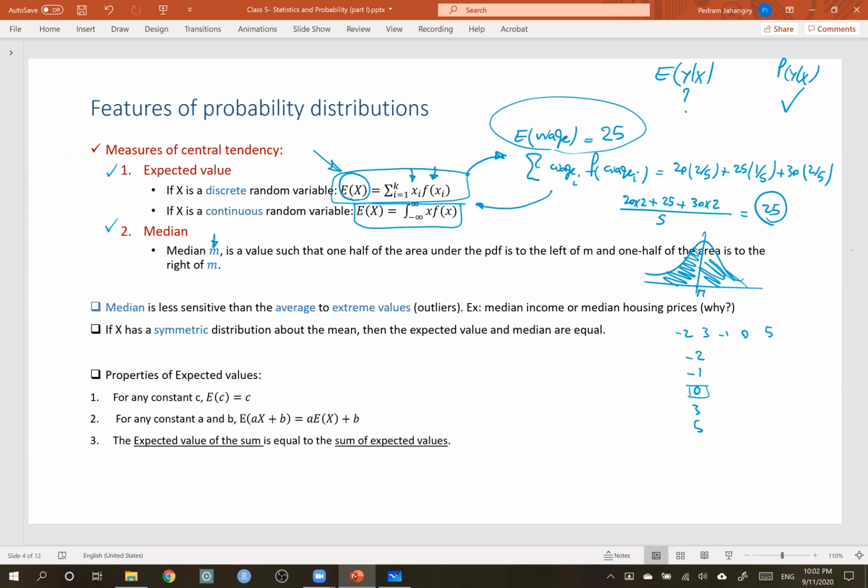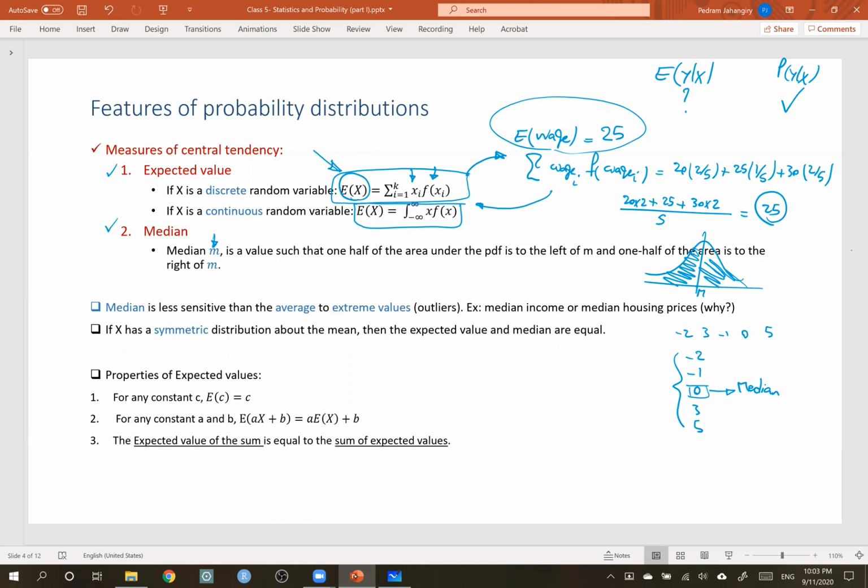If it is even, you have to sum the two middle ones and divide it by 2, right? So here 0 is going to be my median. So this is the example for the discrete version. Again, for continuous version, you just find the number that half of the area is to the left, half of the area is to the right. For discrete version, you sort the data and then you look at the observation right in the middle. So median is another example for measure of central tendency. And it's really straightforward, I believe.